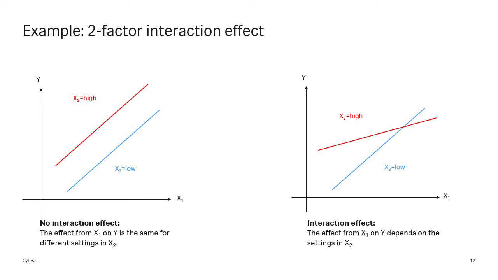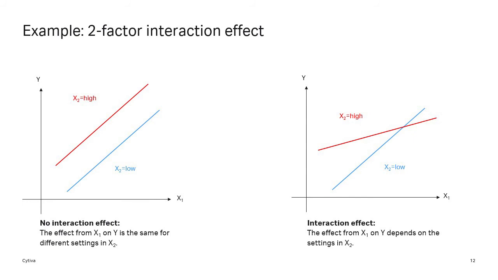The red line shows the same effect from x1, but at a high setting for the second process input, the x2 parameter. And as you can see, the slopes for these two lines are the same. So the effect that x1 has is the same regardless of how we set our x2 parameter. In that scenario, we do not have an interaction effect.